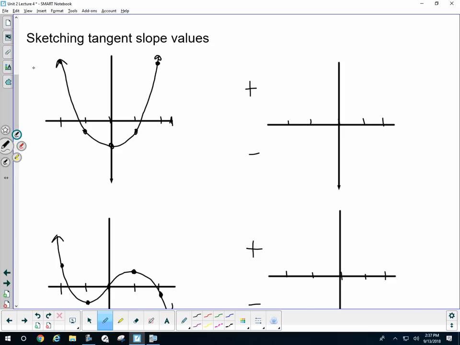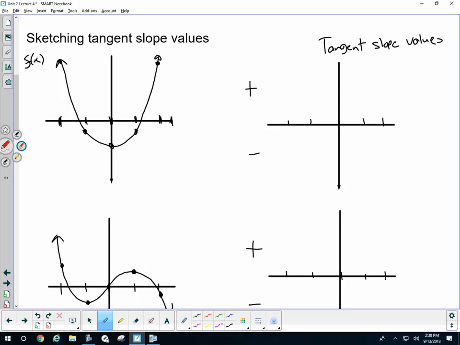So I have this function here, f of x, and I want to plot some tangent slope values. Now, when I say tangent slope values, I can, instead of saying that, just write derivatives. But whatever. For right now, we'll be obvious and we'll say tangent slope values. Okay? Now, I'm going to focus on 5 points. -2, -1, 0, 1, and 2.